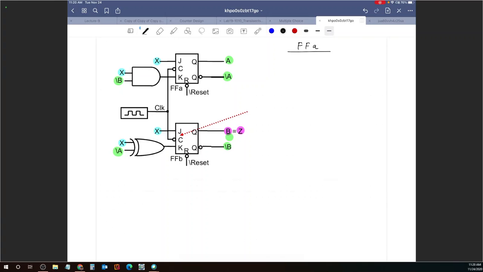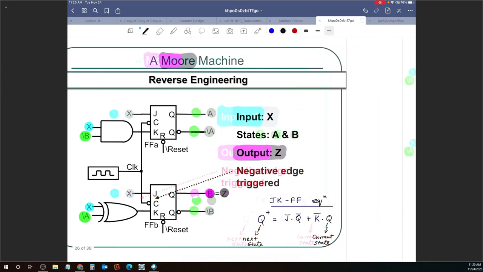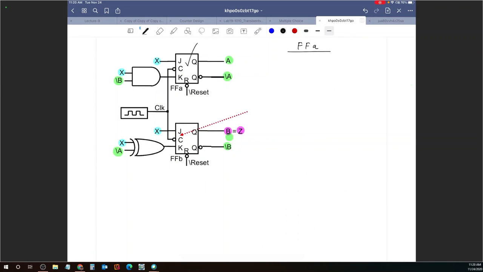So using the characteristic equation that we just wrote here, Q plus equals J Q bar plus K bar Q, let us do that characteristic equation for flip-flop A. So what would that mean? It would mean A plus equals JA Q bar or K bar Q. You guys agree with this?